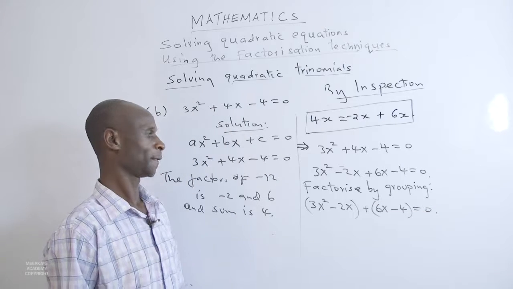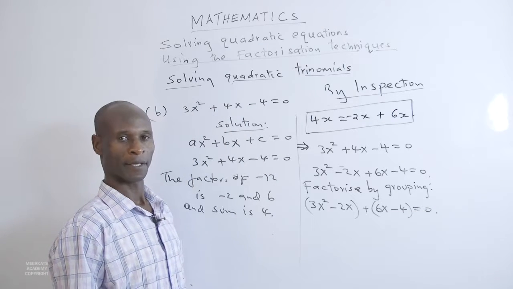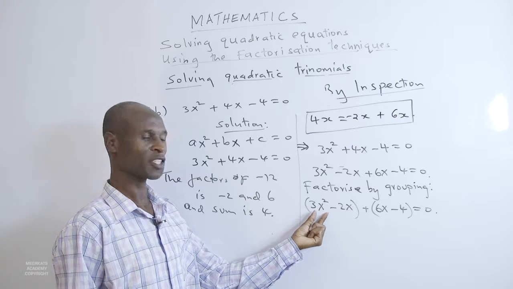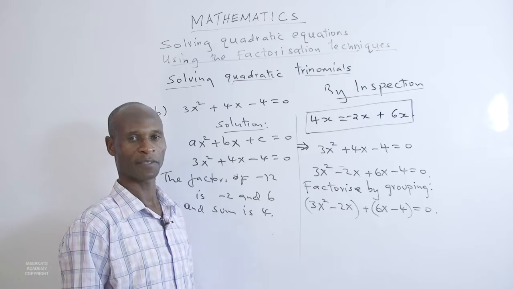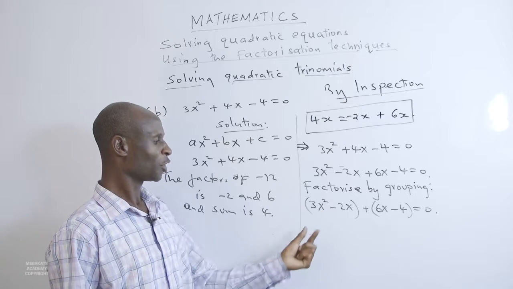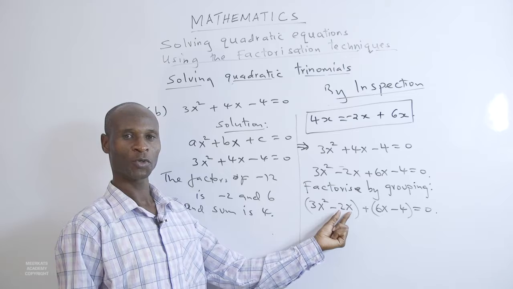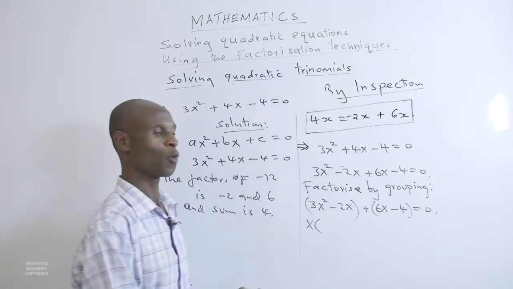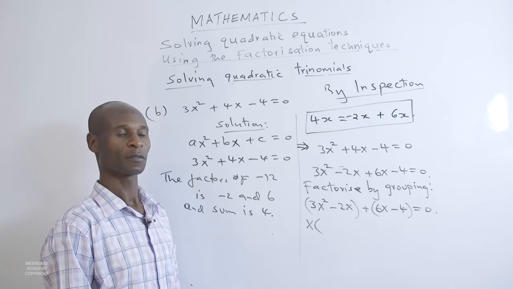We pair like that. Then identify what is common between the first term, that is 3x squared, and minus 2x. Between 3x squared and minus 2x, x is common. We factor out.